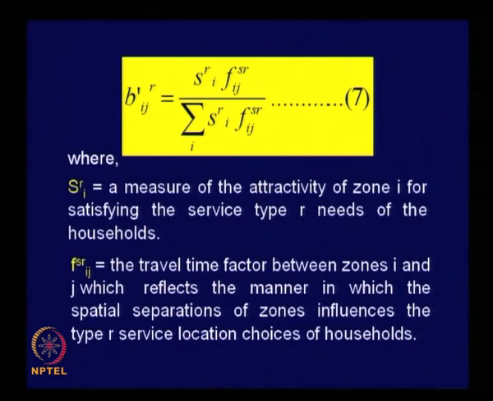I will repeat, F_r ij is nothing but the travel time factor between zones I and j, which reflects the manner in which the spatial separations of zones influences the type or service location choices of households, right. It is with respect to the households and the type or service employment.